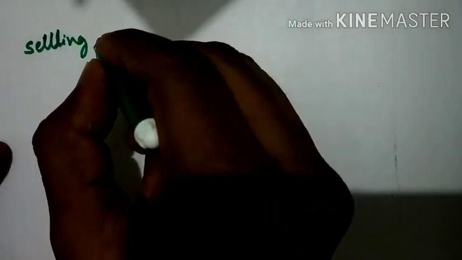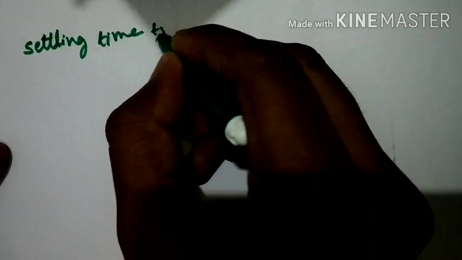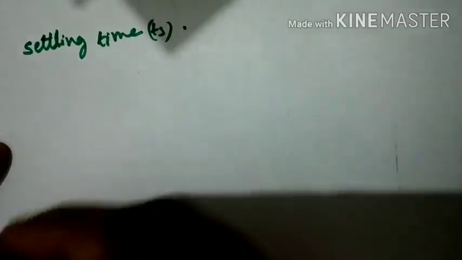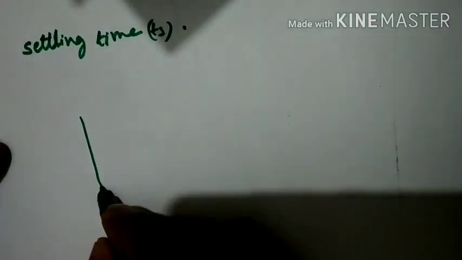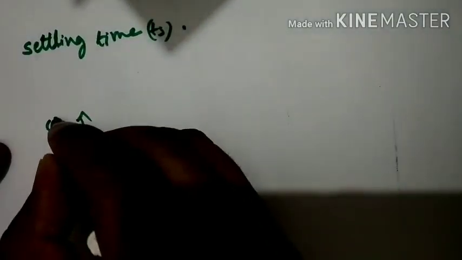So we are going to find the settling time value. How to find the settling time? This one is your response signal, C of t.